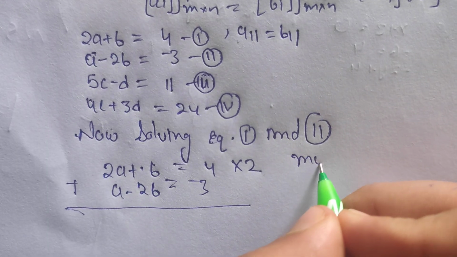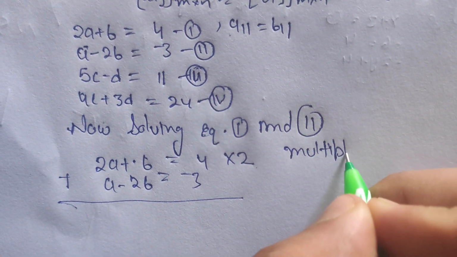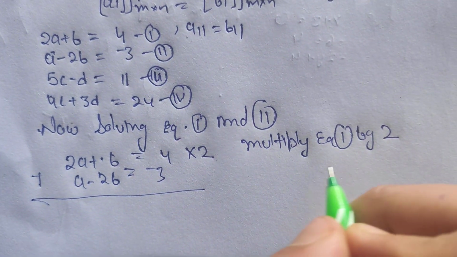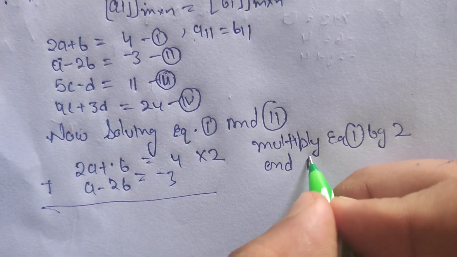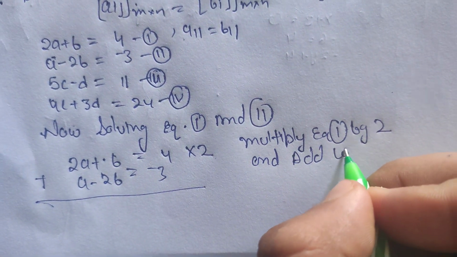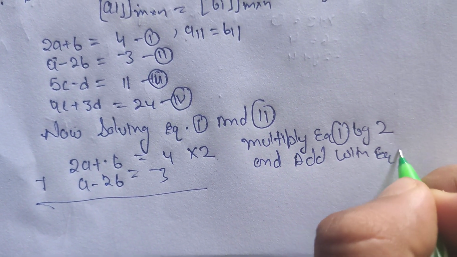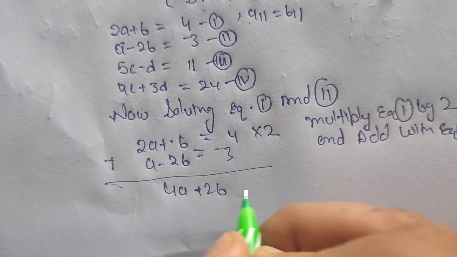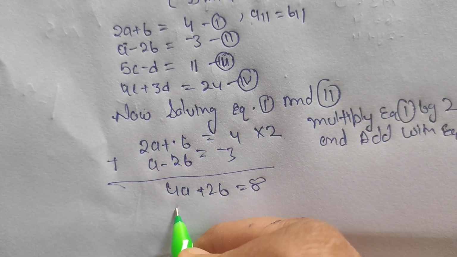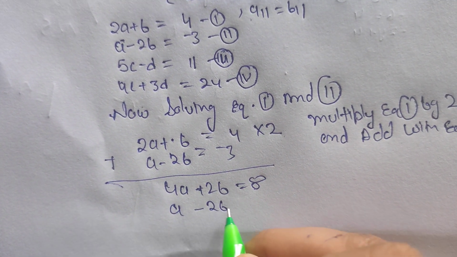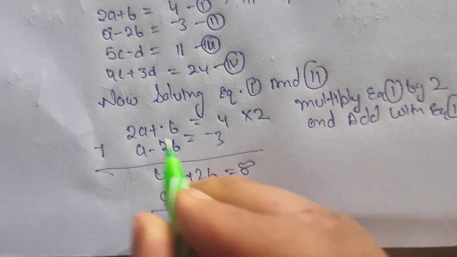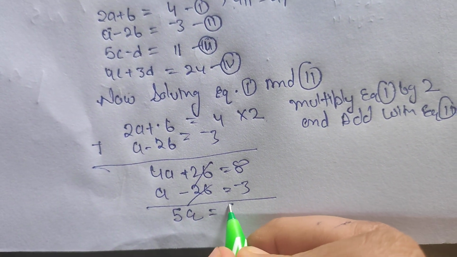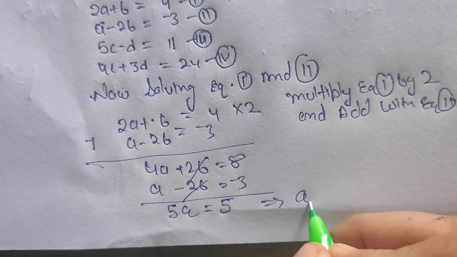So multiply equation 1 by 2 and add with equation number 2. We get 4a plus 2b becomes 8, and a minus 2b becomes minus 3. Add together, both are cancelled, this becomes 5a equal to 5, so we get a is equal to 1.